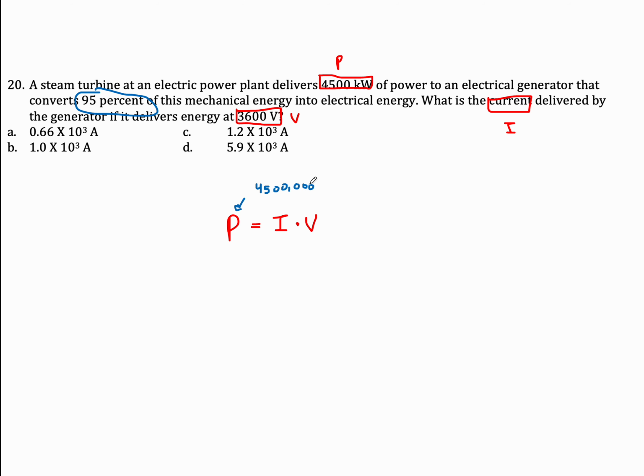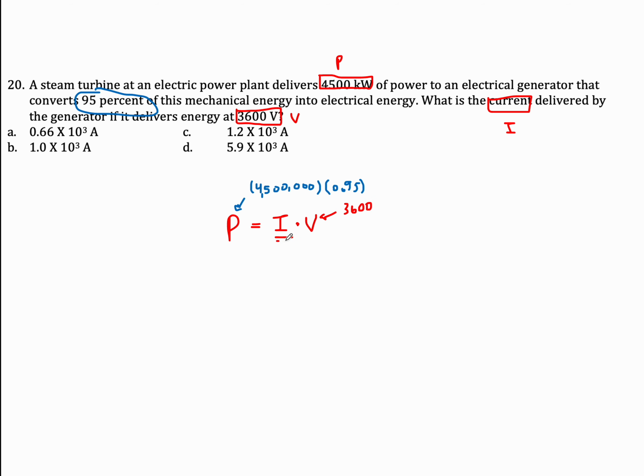So 1,500,000 watts times 0.95 or 95%. So the power in this case is going to be 95% of the energy coming into the generator. The voltage is exactly what you would think, is 3600. And you're going to solve for the current.